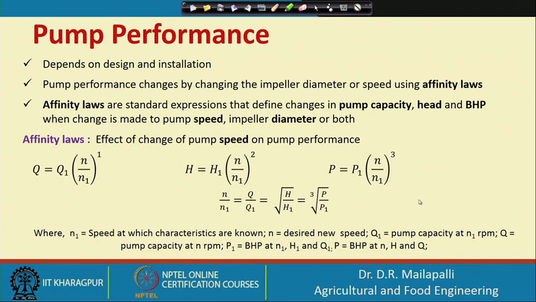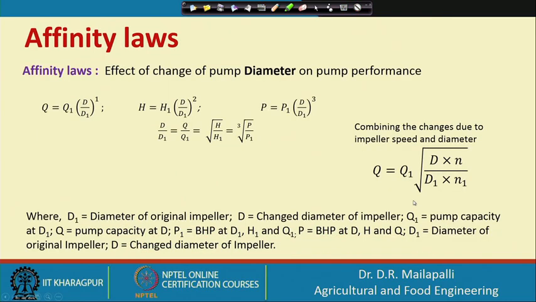Similarly, in case of changing the diameter, Q by Q1 is equal to D by D1, just like in the case of speed, where Q by Q1 is equal to N by N1.